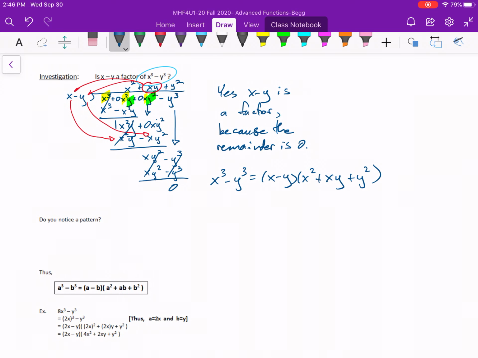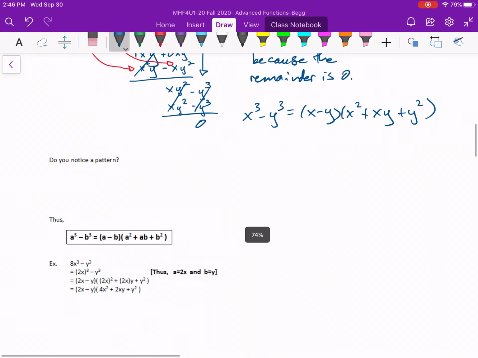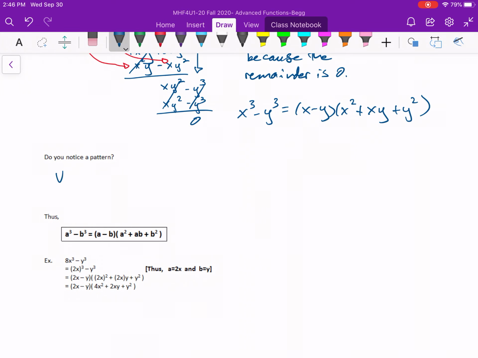So now that we've looked at a few of these, let's decide if we can see some sort of a pattern going on. And the answer, at least in my eyes, is yeah, there is a pattern going on. All the factored forms look like what's right below where I'm writing.